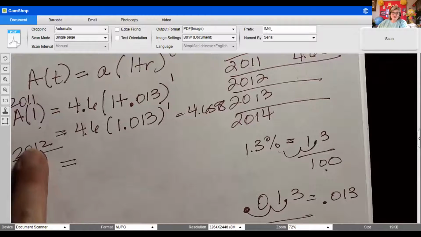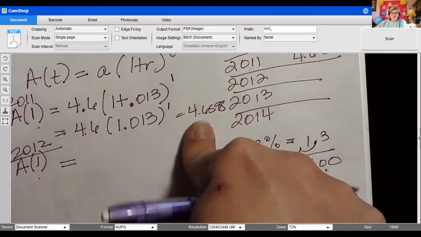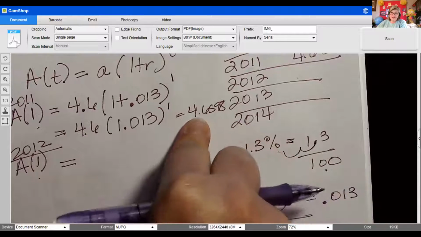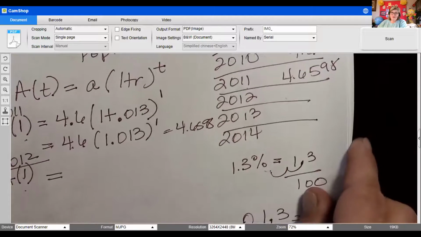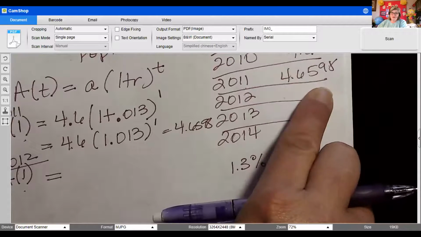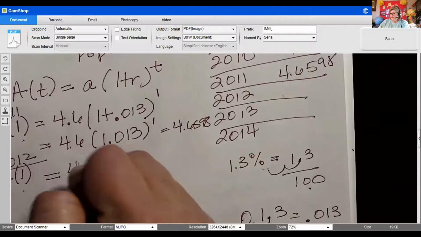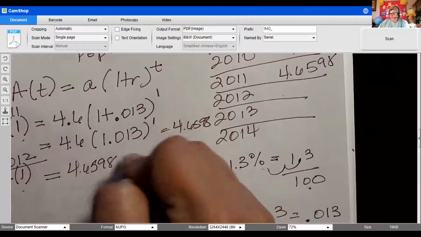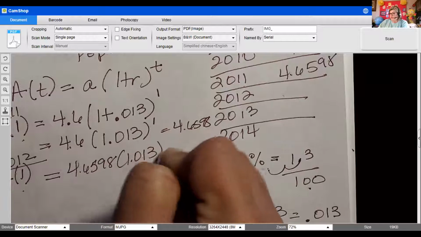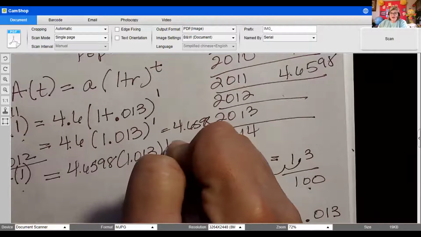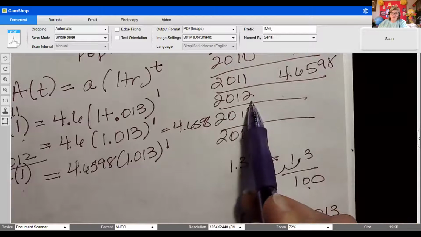So in 2012, we're going to go 1 more year into the future. We take the initial amount that we just calculated in 2011, 4.6598 times 1.013 raised to the 1. And that's going to give us our 2012 amount.